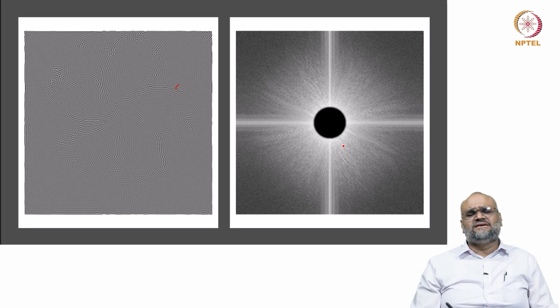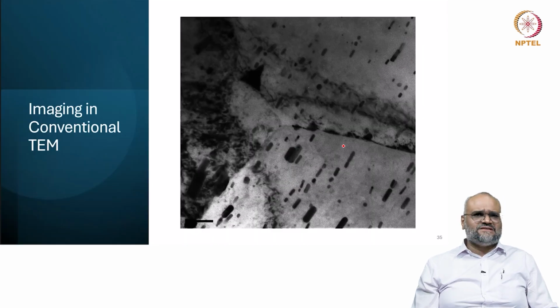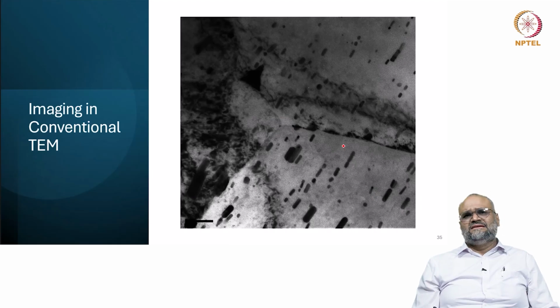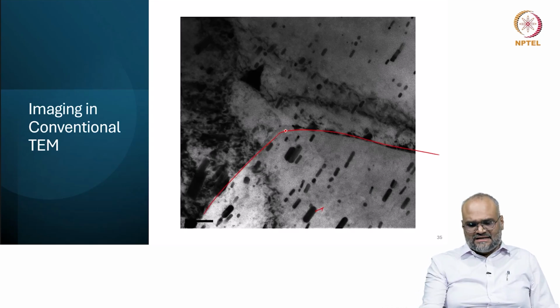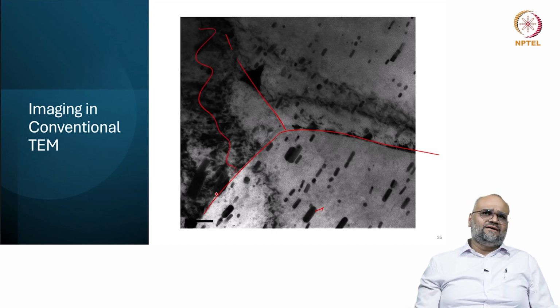Let us now look at the concept of imaging in conventional TEM. Here is an example of a bright field TEM micrograph. The dark features you see here are a secondary phase or a precipitate. The line you see here is a grain boundary, and the feature you see here is actually called bend contours or diffraction contrast.